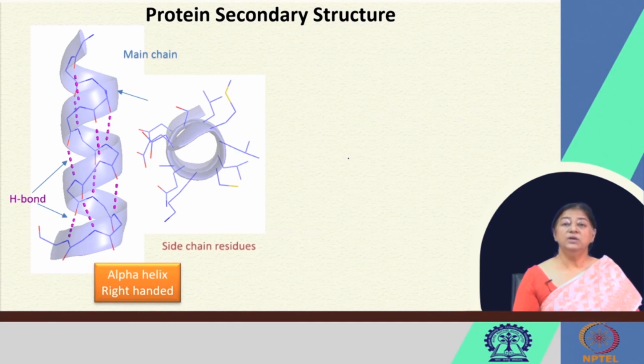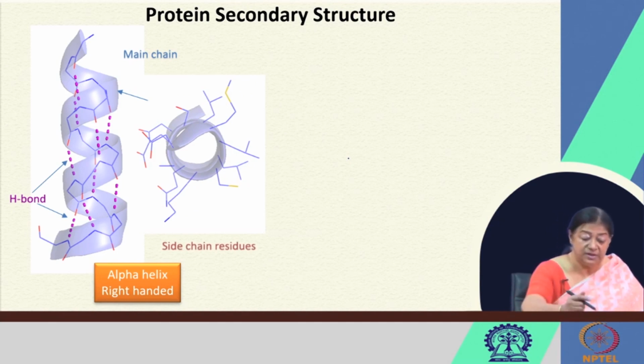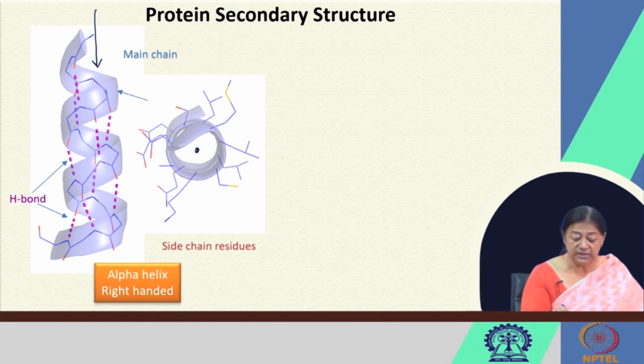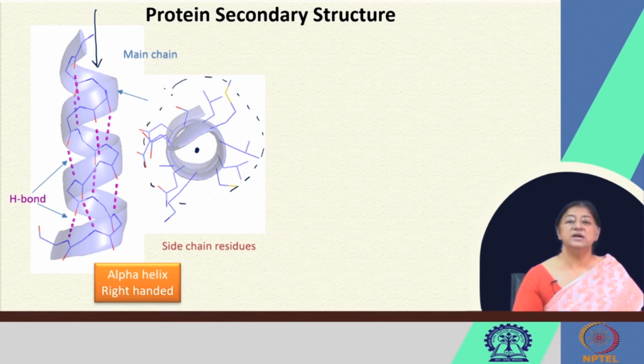When we look down the helix axis, this is what we see: surrounding the helix axis, all the side chains protrude out from it. We will see how this is important in several aspects.